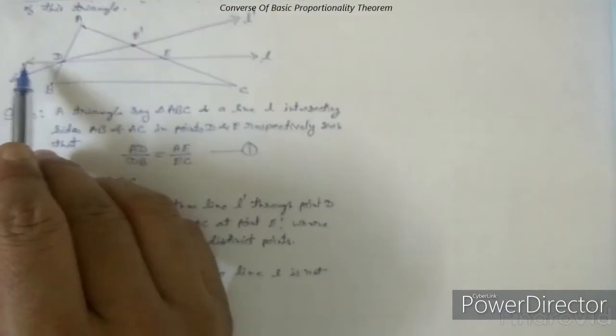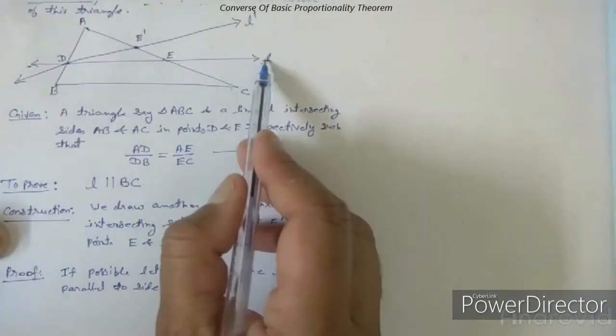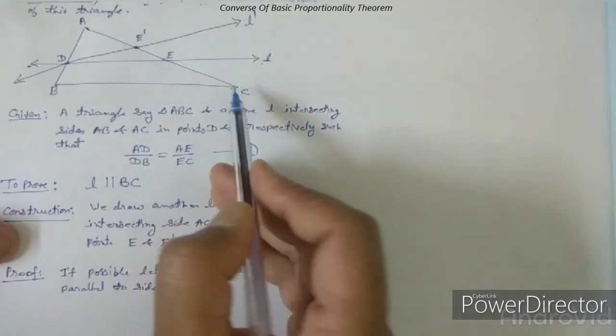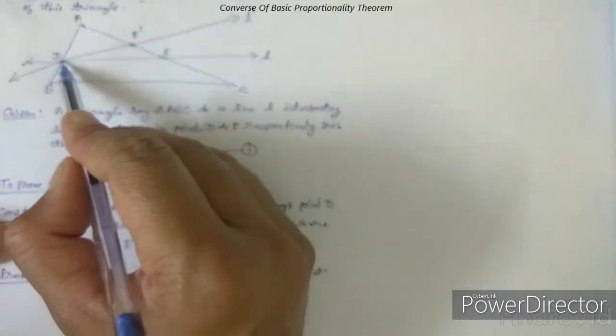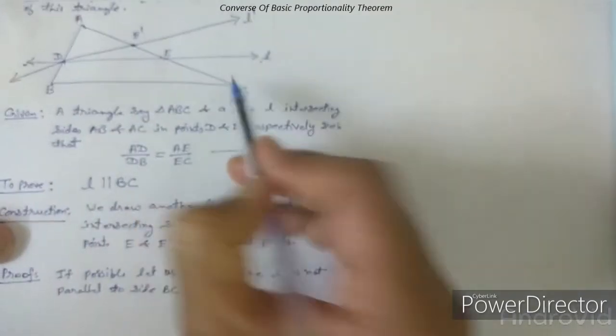We supposed here, if possible, that line L is not parallel to BC, and another line L dash passing through D and E dash is parallel to BC.